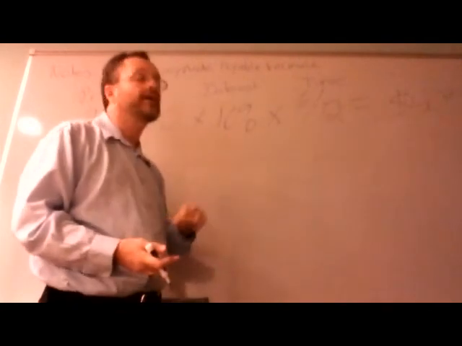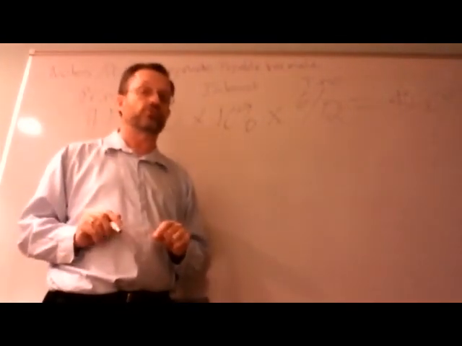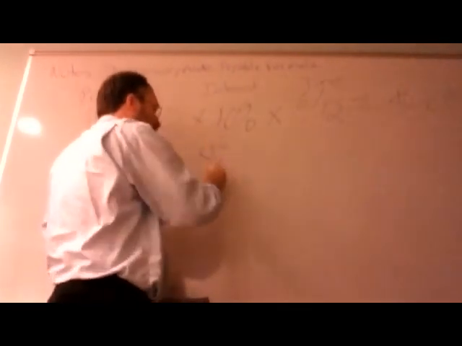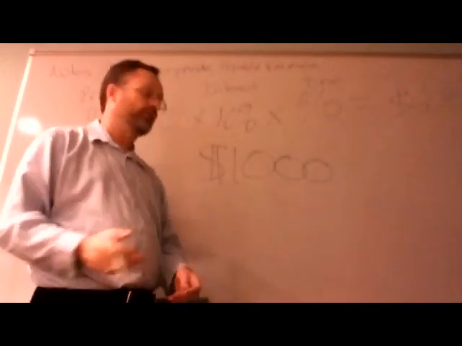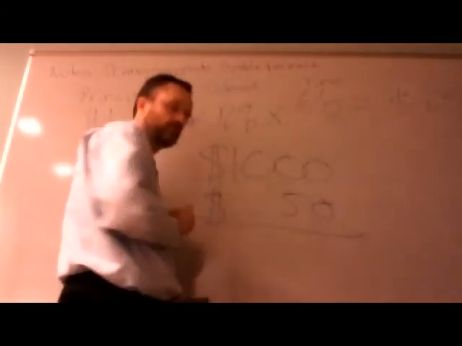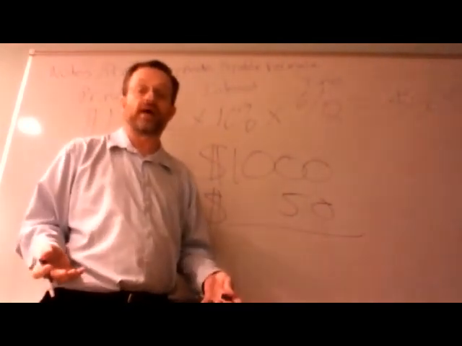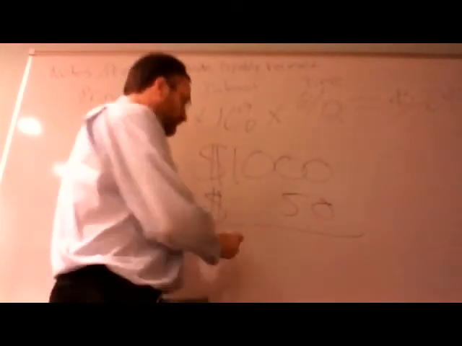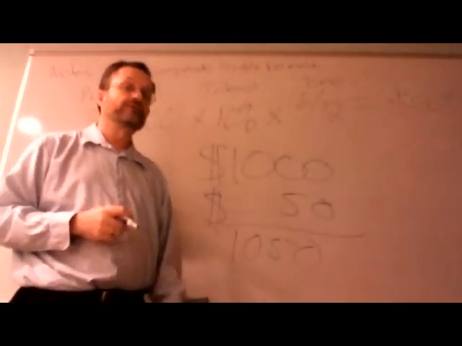You're only going to pay $50 of interest. Well, you're still going to have to pay the maturity back, so you're going to have to pay that $1,000 back at the end of the loan period, but you're also going to have to pay $50 because you took that money out and you're going to have to pay it back plus interest. So in total, you'd end up paying back $1,050.